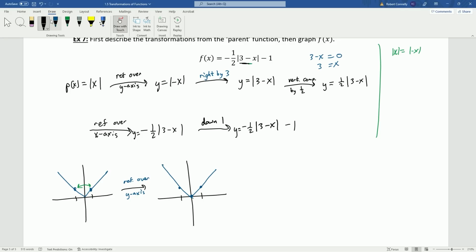So, what's next? Go right by 3. So just take each point and shift it over by 3.